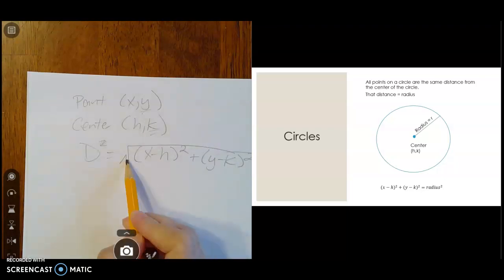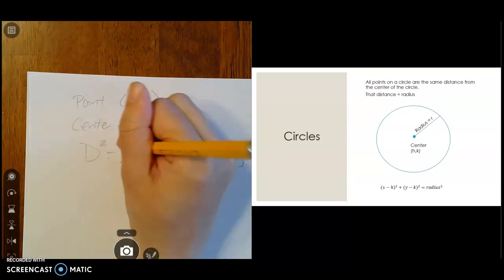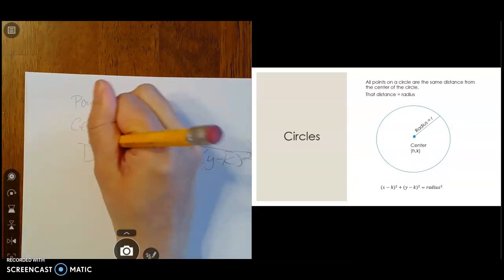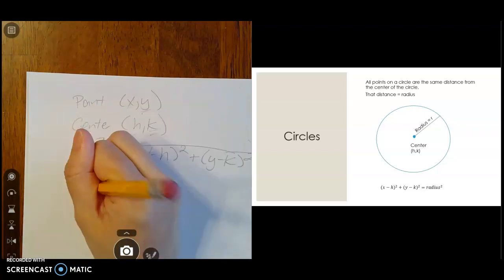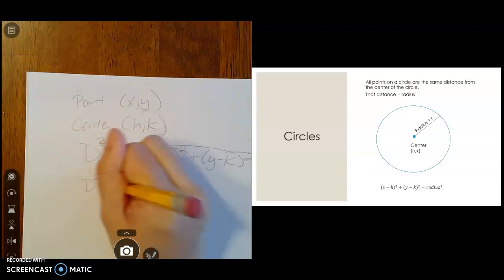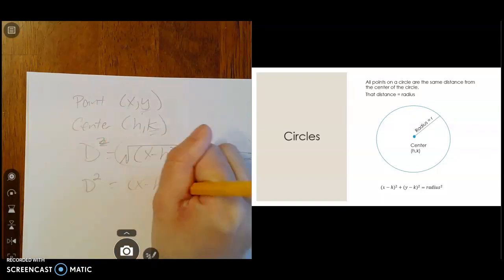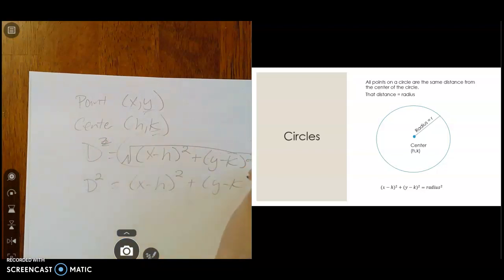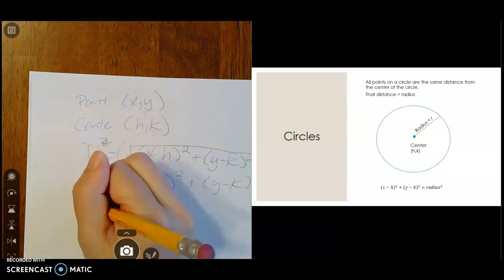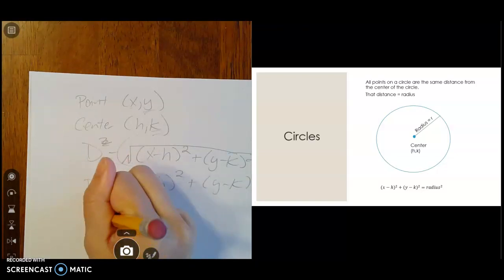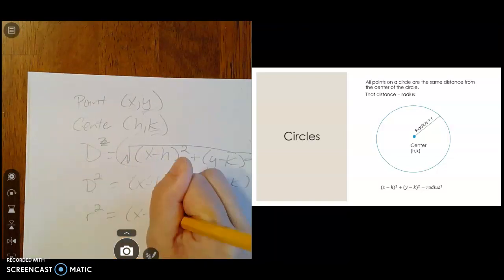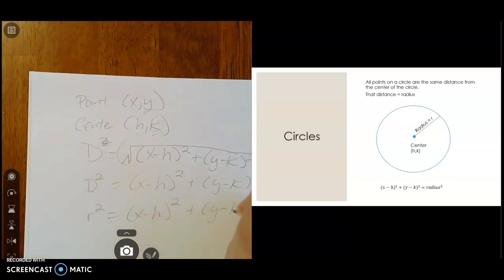Now to undo the square root, we're going to square both sides. So basically, distance squared equals x minus h squared plus y minus k squared. And that distance is always the radius, so we can just say radius squared equals x minus h squared plus y minus k squared.